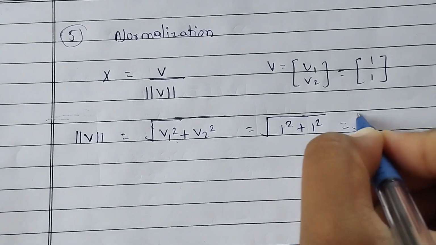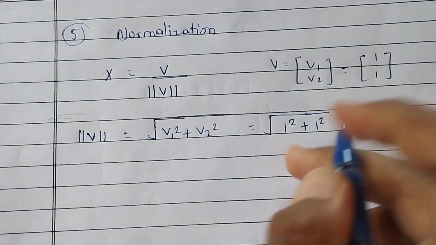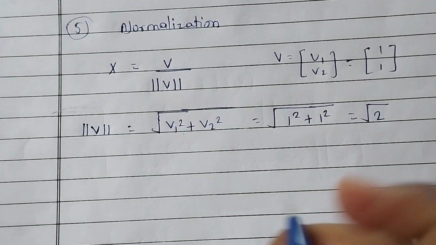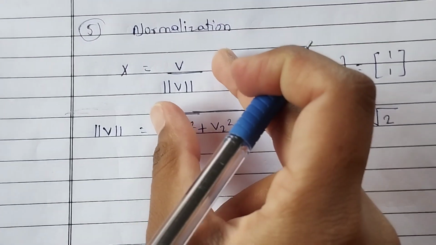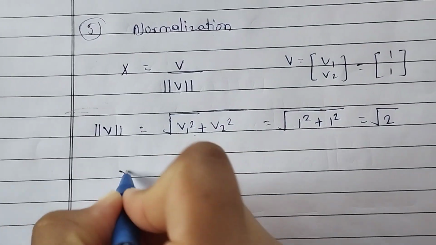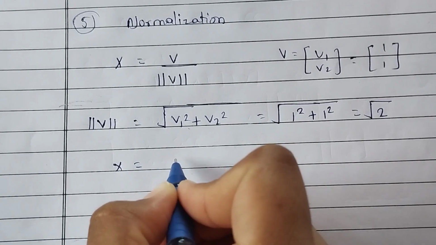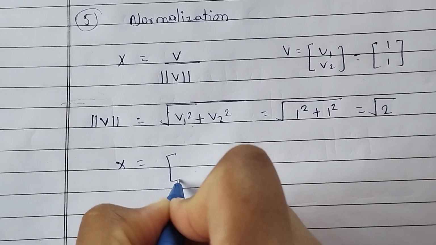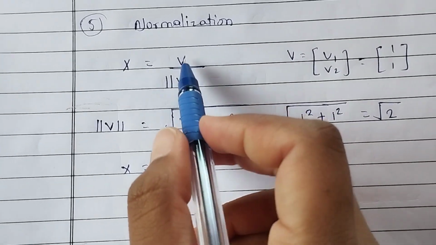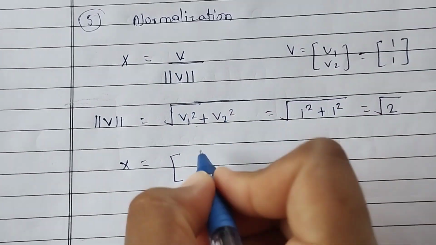This is nothing but under root of 2, 1 plus 1, 2. So the equation is x is equal to v, and the value of v is 1 1.